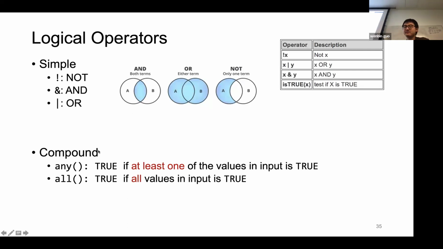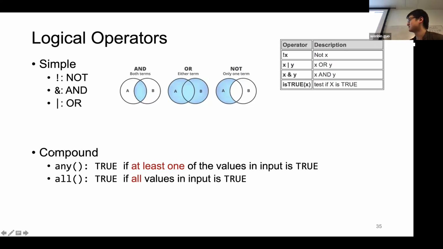But if you have a compound, for example, you have a vector, there are so many true or false values. So you want to really see whether any of them are true or all of them are true. So you can use this compound function, the any or all. Any will return true if any of the values is true, and all will return true if all the values are true.